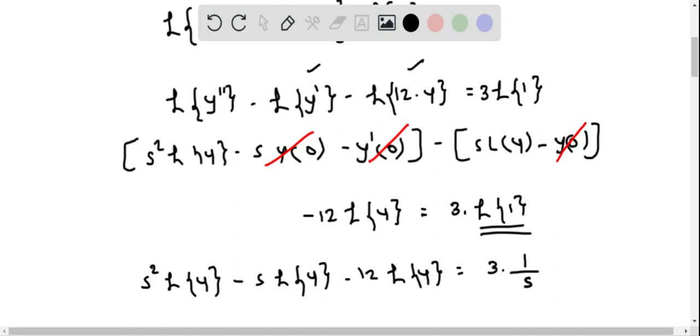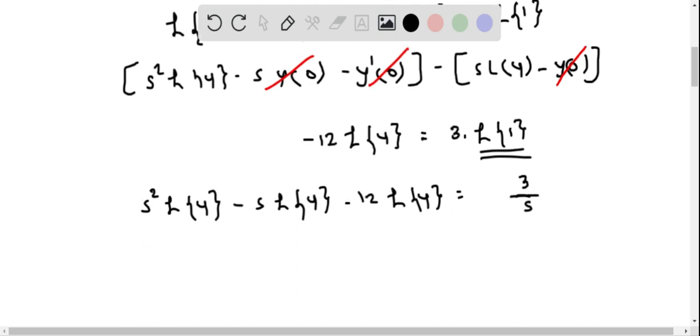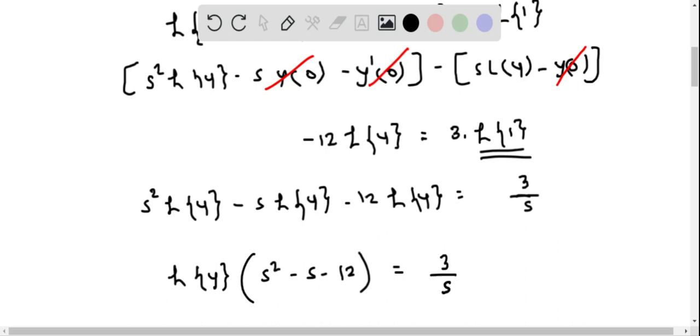And so we can write this 3 times 1 over s as 3 by s. On the left side, we can factor out the Laplace transform of y. And so when we do that, we get Laplace transform of y times s squared minus s minus 12, and this equals 3 by s.